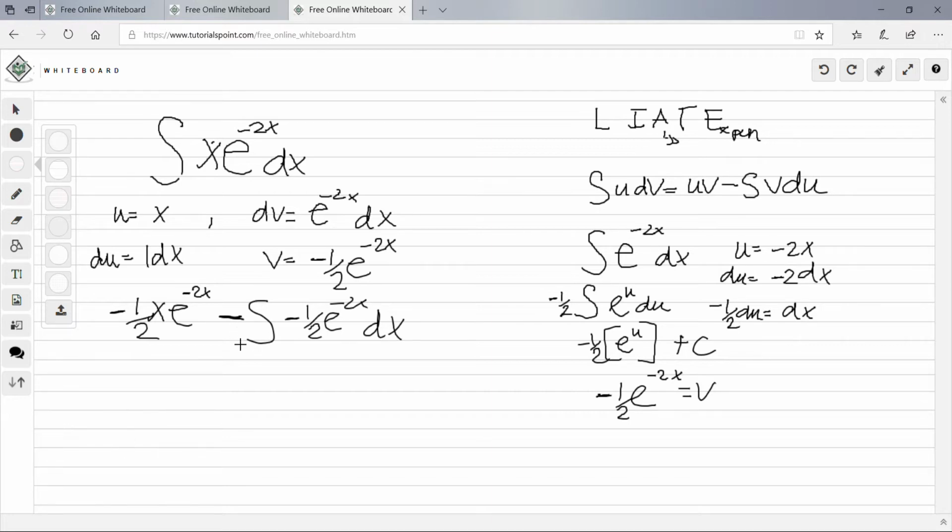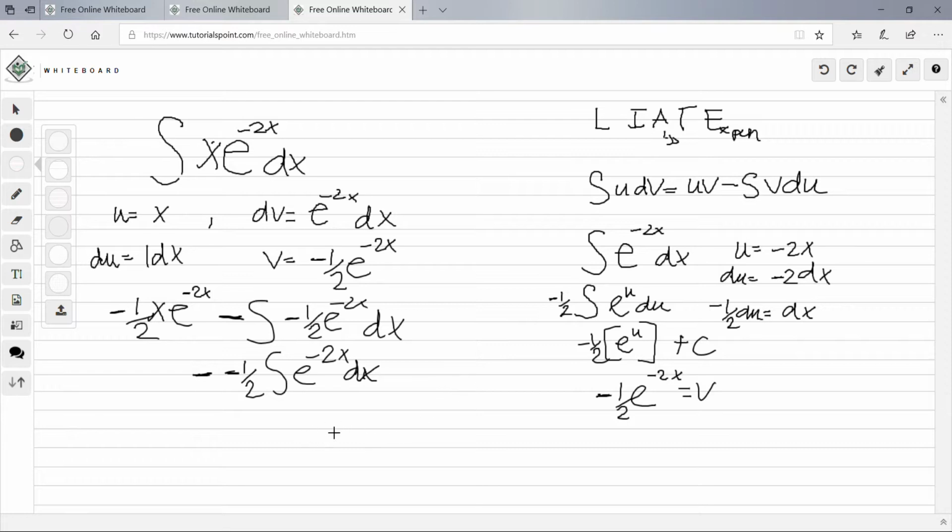Okay, so I'm going to take out this -1/2, so I'm going to have a negative and then -1/2, because that 1/2 is a constant. So e to the -2x dx. And remember, when we take the integral of e to the -2x, we get a -1/2 e to the -2x, right?